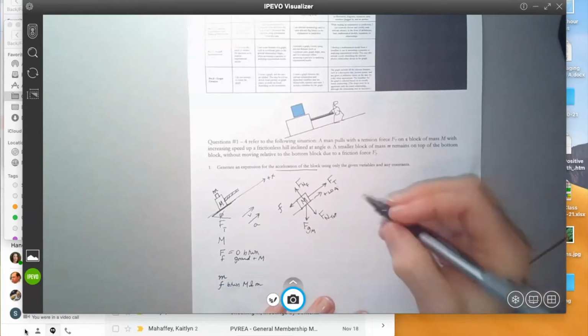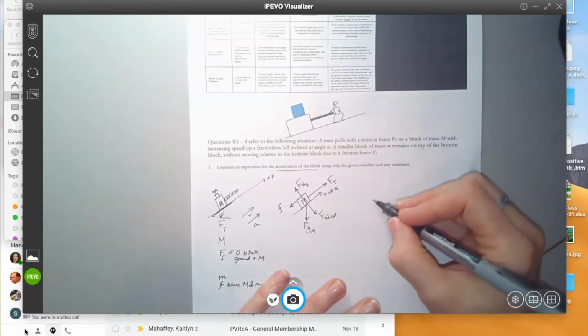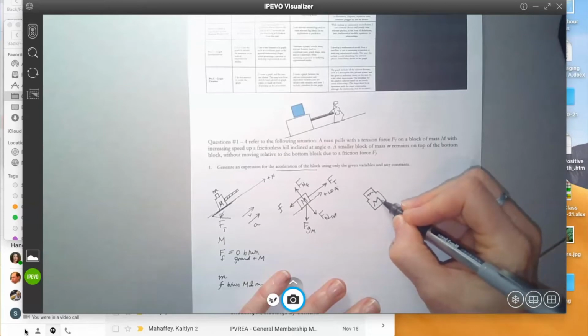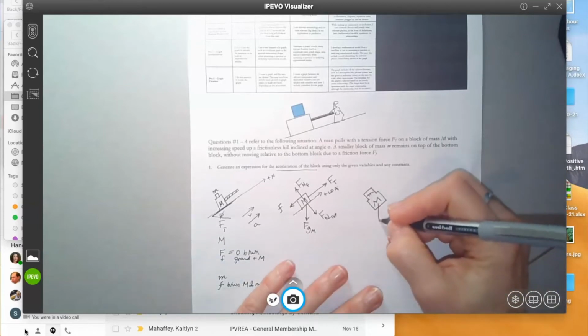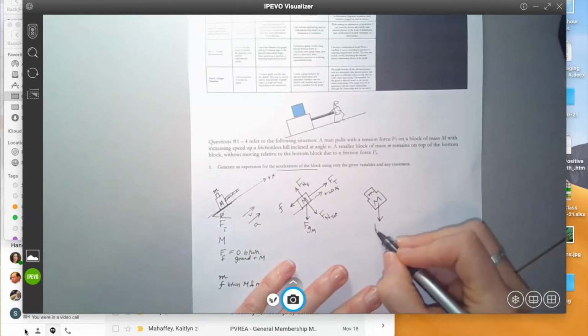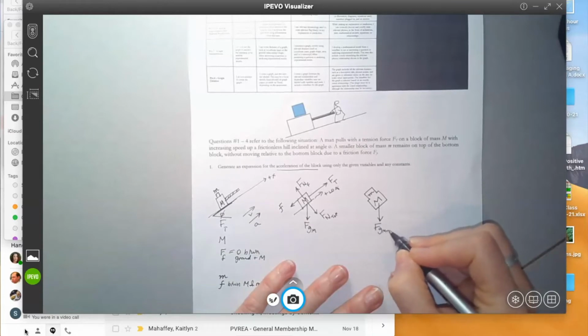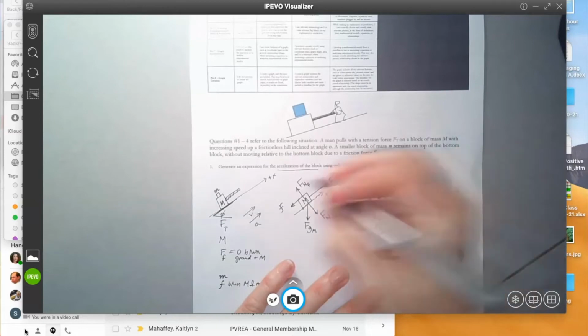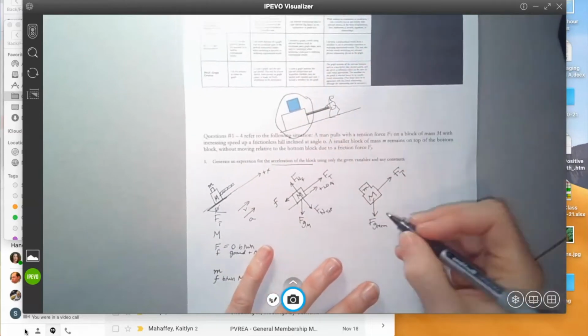Okay, so the other way you can do it is you can take these two blocks as a system, and we're going to be talking more about this shortly. So if I look at it as if the total mass is both blocks together, I would then have the weight of both together. I would have tension is still external to this system here.